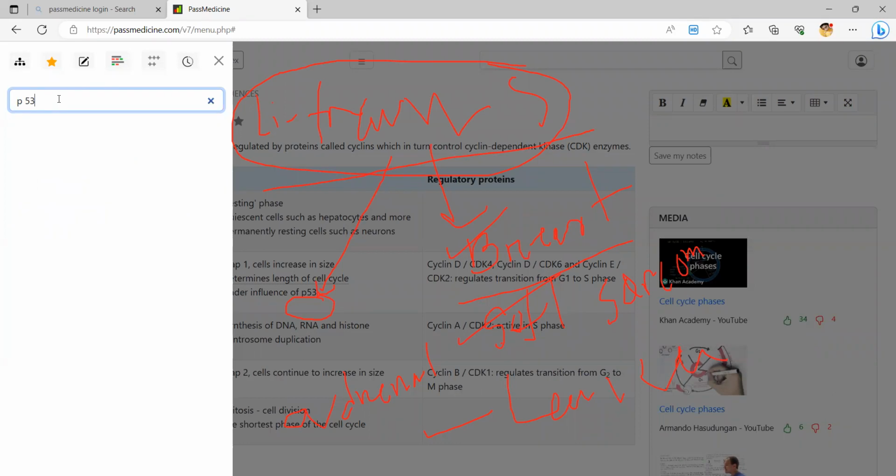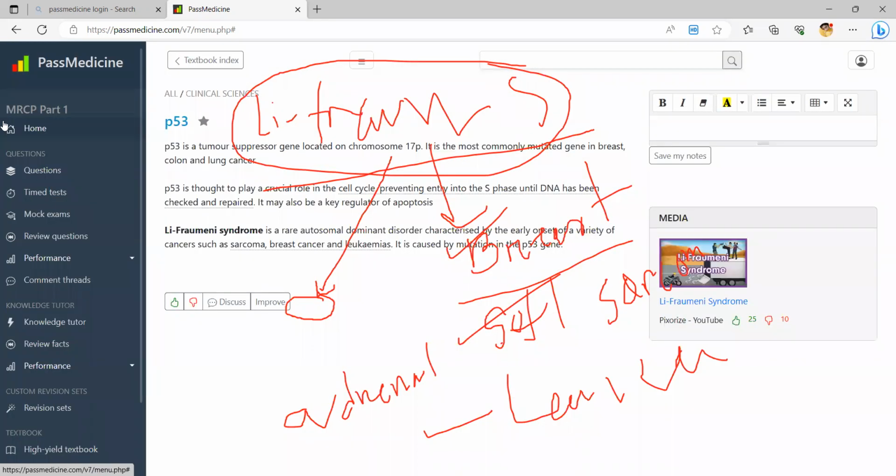It's not coming in my PasTest medicine. Why? Not coming up. Yeah, now it's.